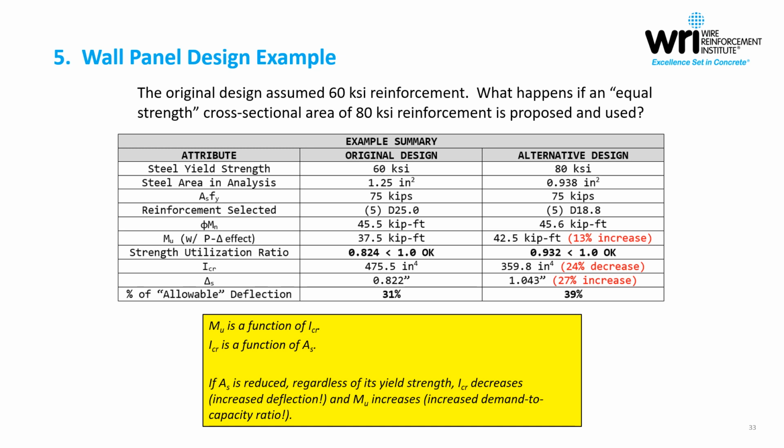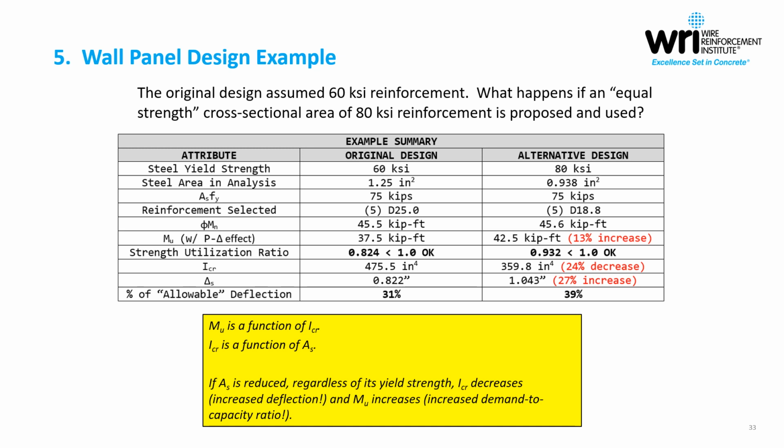Now, luckily, our strength utilization ratio, our demand capacity ratio essentially, is still acceptable. It's still below unity. But notice how some of these other attributes are jumping up. The cracked section moment of inertia jumps up 24%. Our service level deflection jumps up 27%. So just keep in mind, M sub u is a function of cracked section moment of inertia.